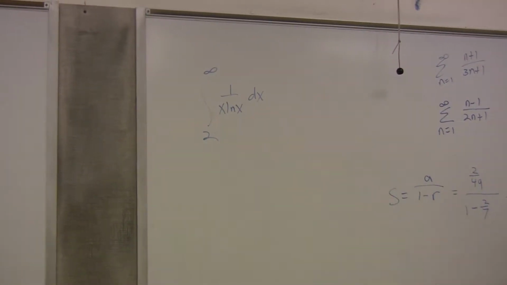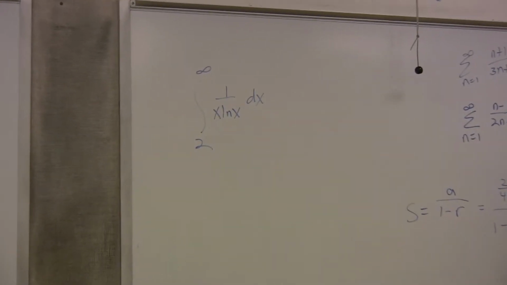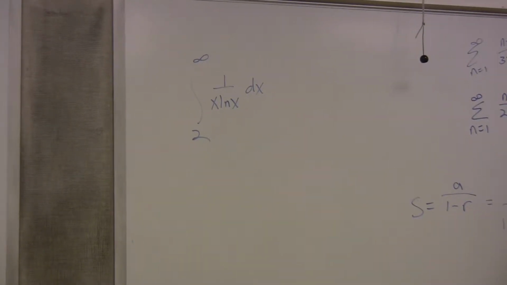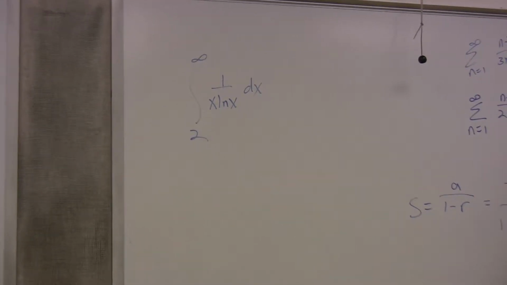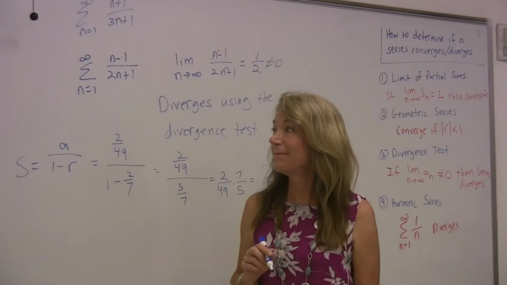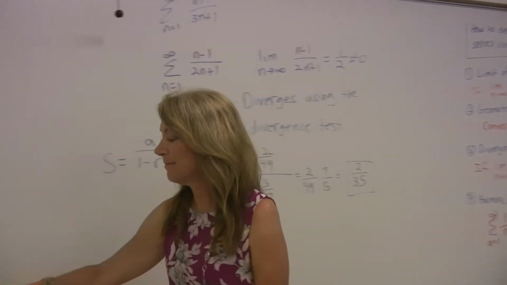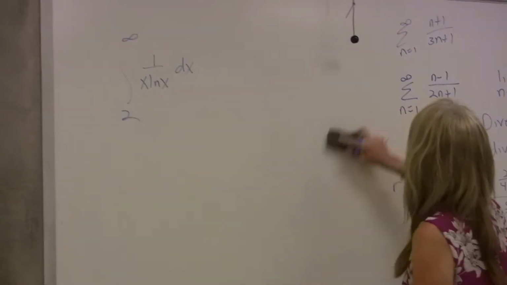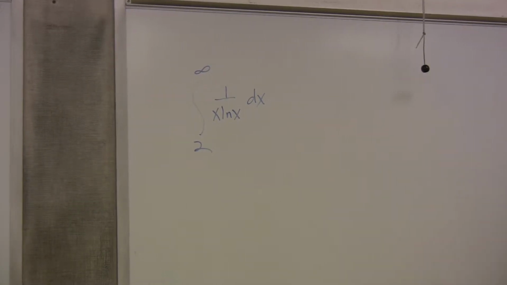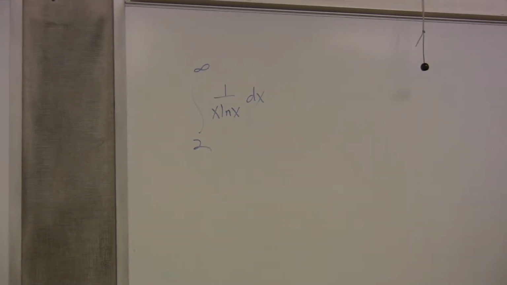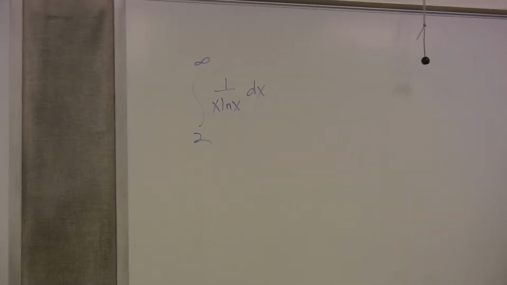So now the question is a review of chapter 7. Does this integral converge or diverge? How do I do that? Improper integral, it was called. Like from February sometime.